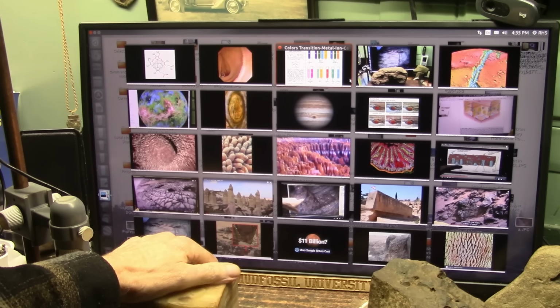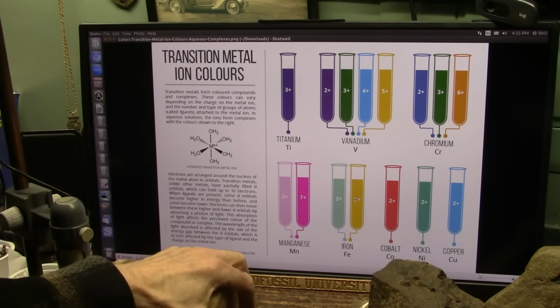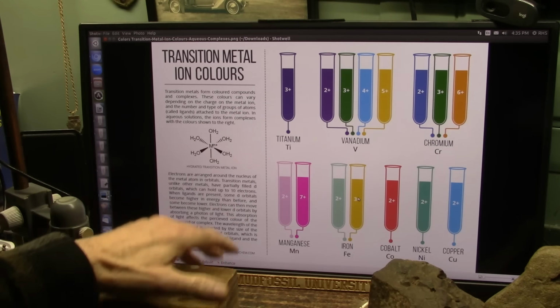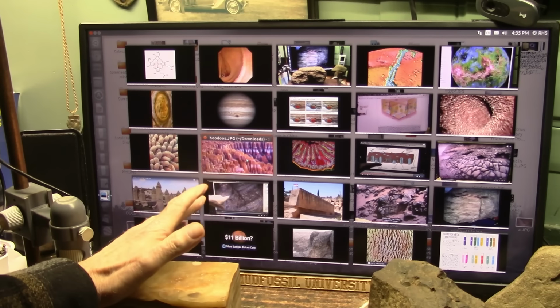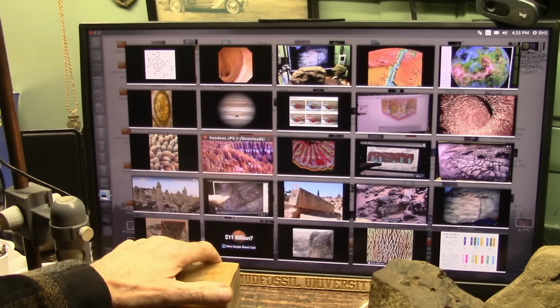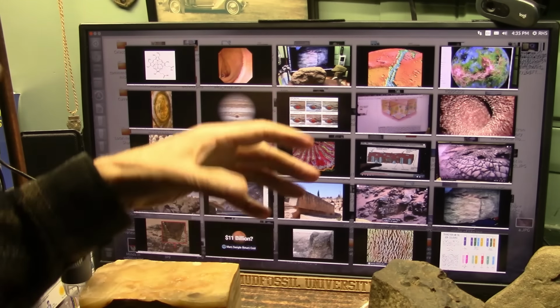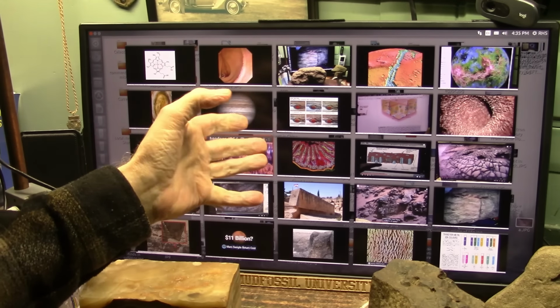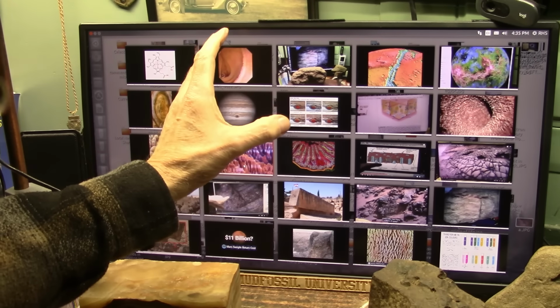And I always talk about the transition metals. That's the things that bring everything around your body. And that's why we see all these different colored things on Earth and everywhere else. Transition metals are primarily the source of colored jewelry, basically.